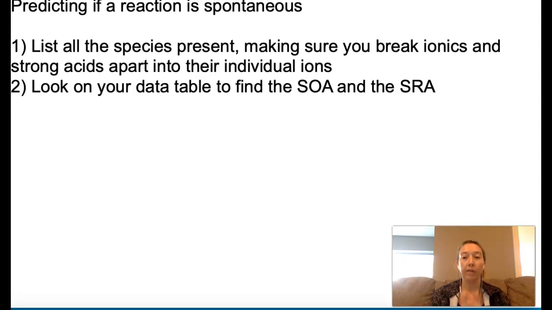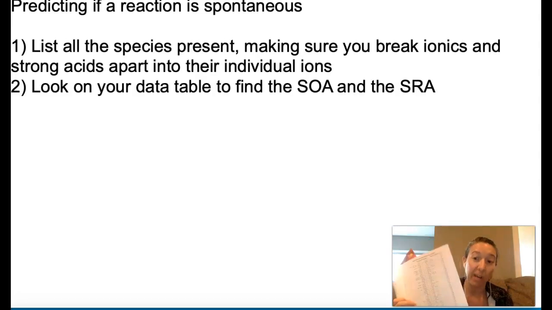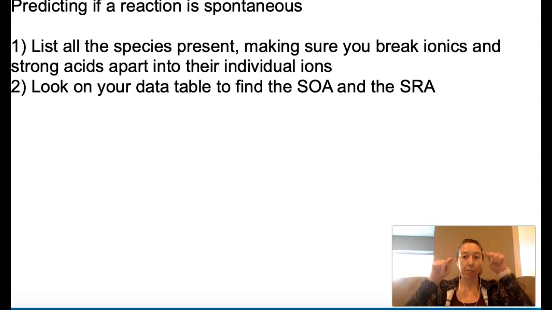So once you have identified your SOA and the SRA, I've had students in the past who like to use those little sticky notes that have little arrowheads on them. That's because otherwise you find your data table, and this one's actually in pretty good shape, but if you had the test copies at school, half the stuff is circled, it's written all over, because when you're finding things, it's hard sometimes to keep your fingers in spots.